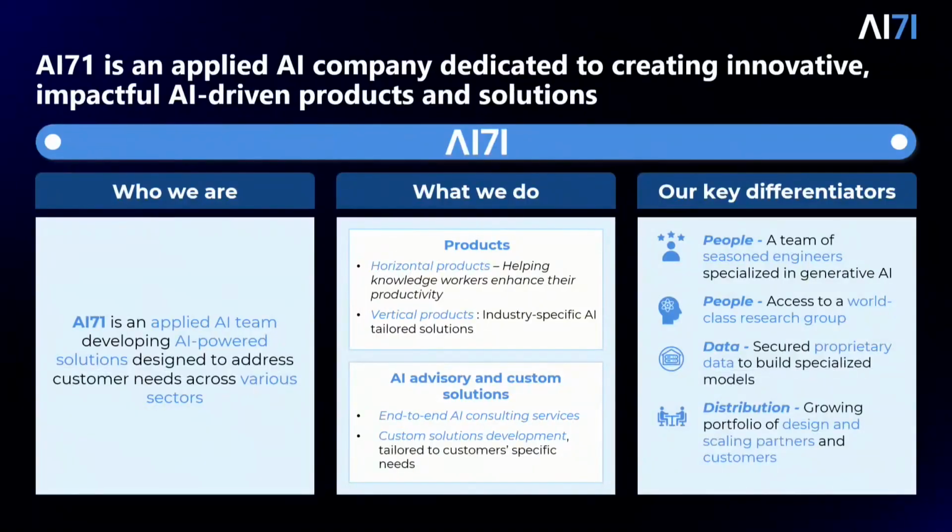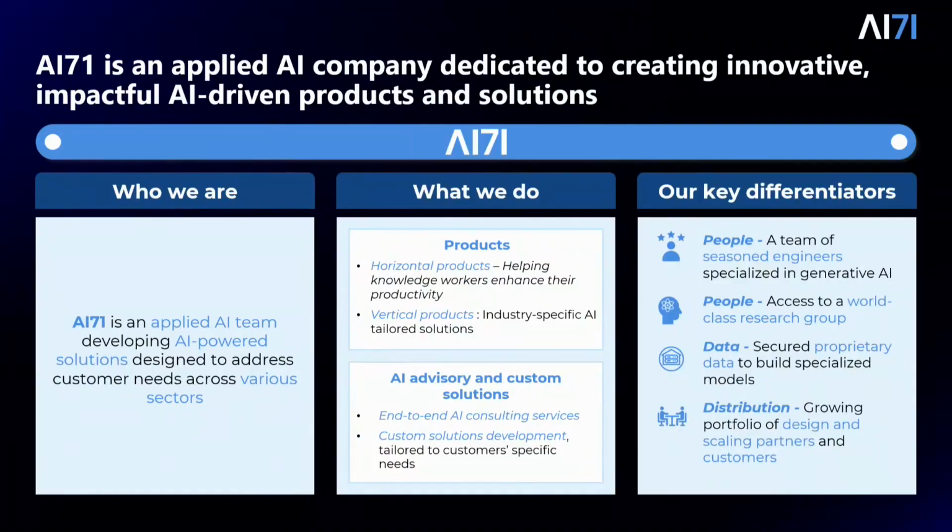The main differentiations, and what makes us different, because as I'm guessing all of you know, this market is pretty much flooded and there are a zillion companies around it. A few things. First of all is the people. We really target top talents from around the world. We were able to pull people from Google, AWS, Microsoft, and also from many startups. We have a really amazing team and we're really proud of it.